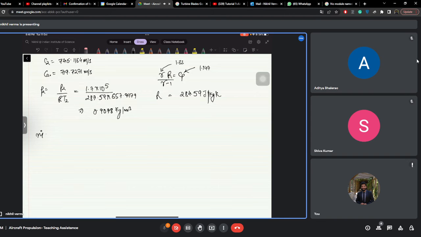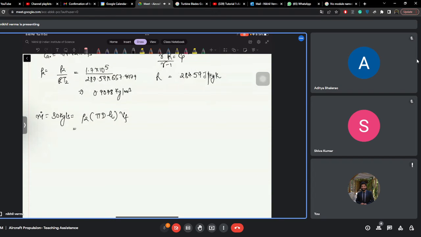Now you can calculate the mass flow rate, which is already given as 30 kg per second. This is rho 2 times pi d h times Vf, and Vf is just CA. So this is dm square h by d, and again CA.